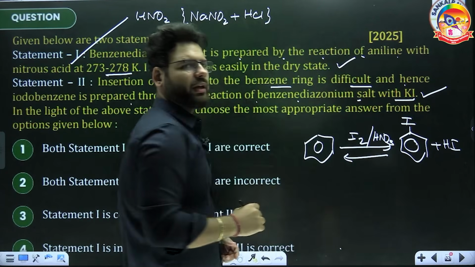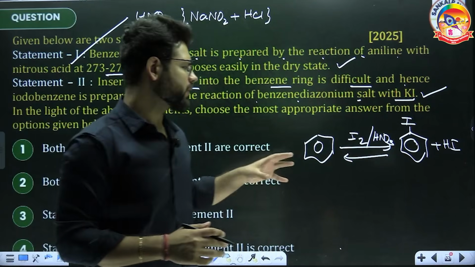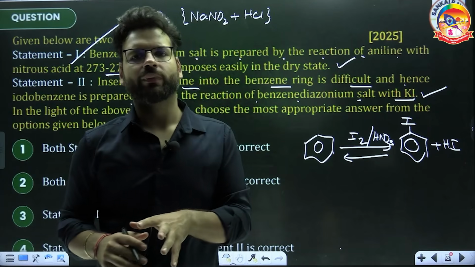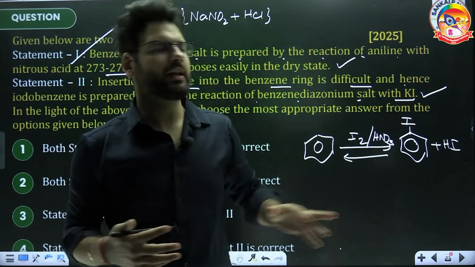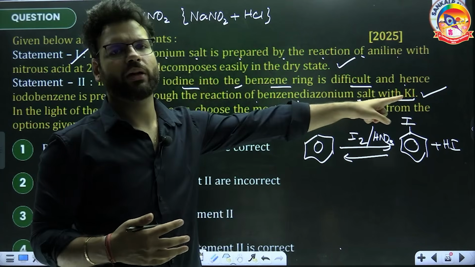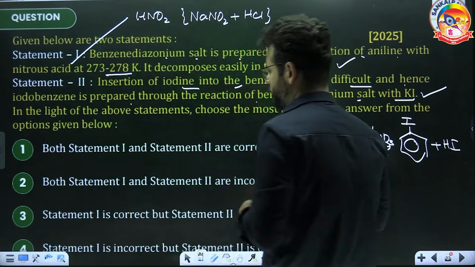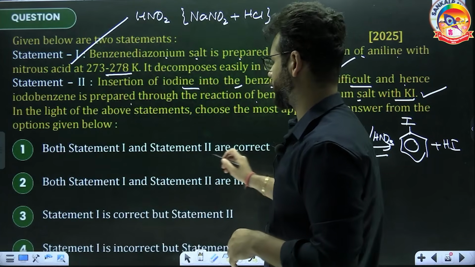Not a great reaction. The better way is to first convert your benzene to nitrobenzene, then reduce nitrobenzene to aniline, make the aniline's diazonium salt, and then attack KI on it, which is a very good reaction. So both the statements are absolutely correct.